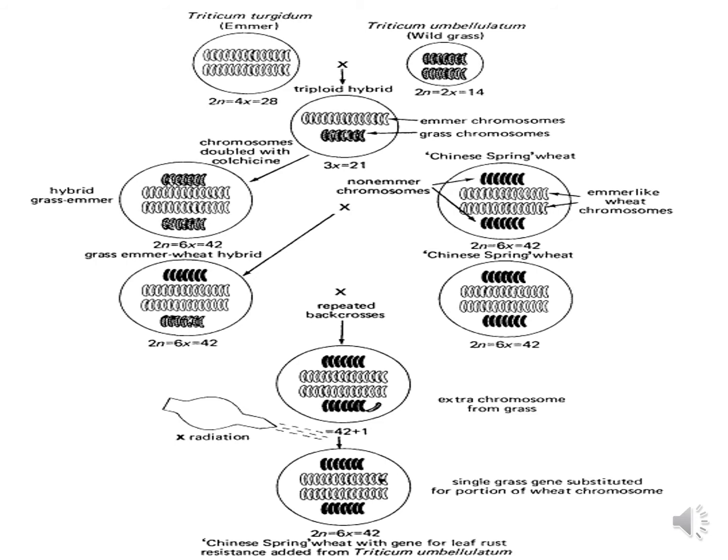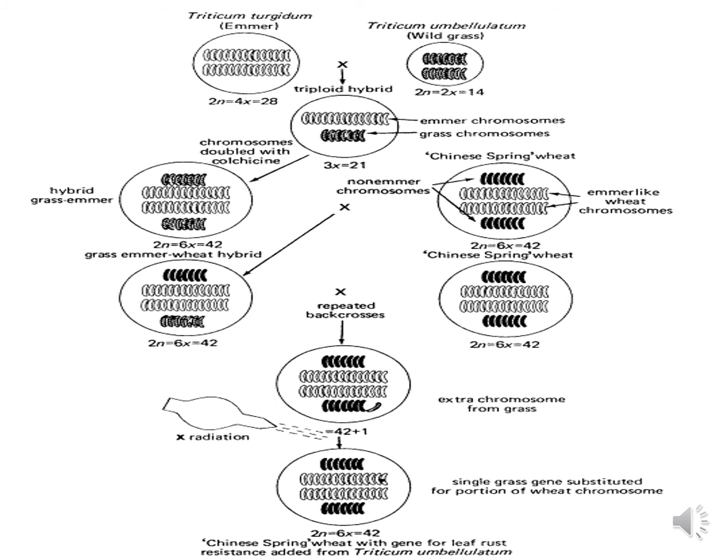In order to get rid of all the genetic material in this extra chromosome coming from the umbilicatum, because we need only the resistance and we don't need the other traits, because these traits are not good traits sometimes.